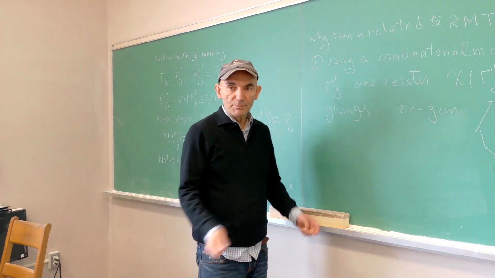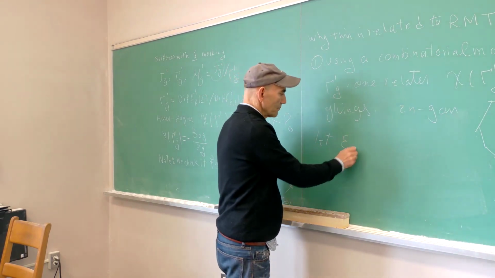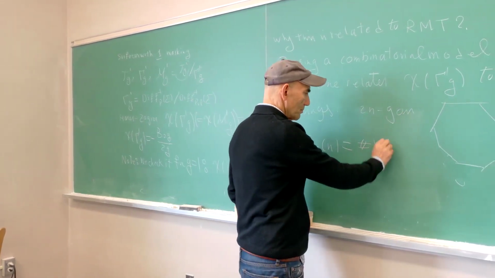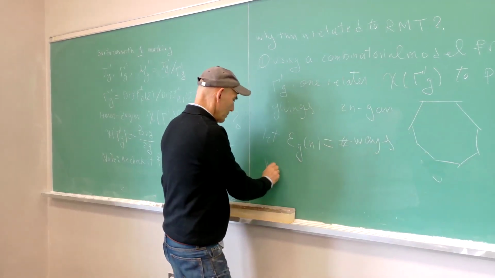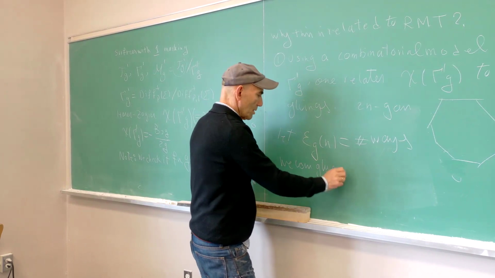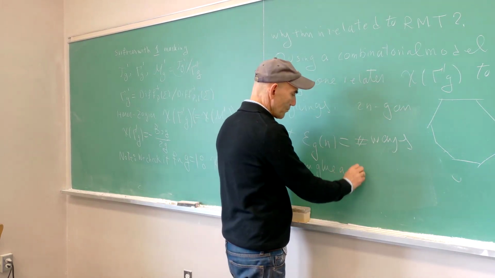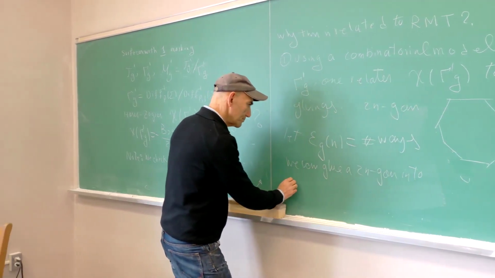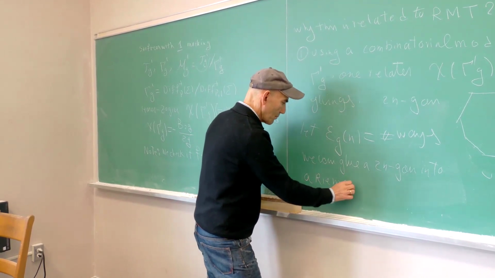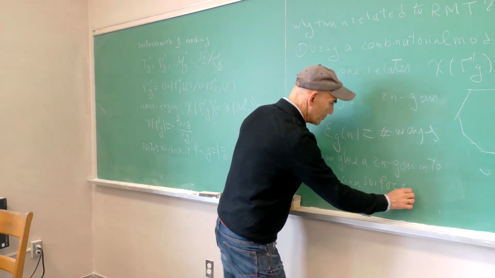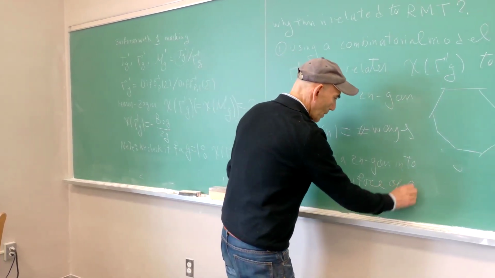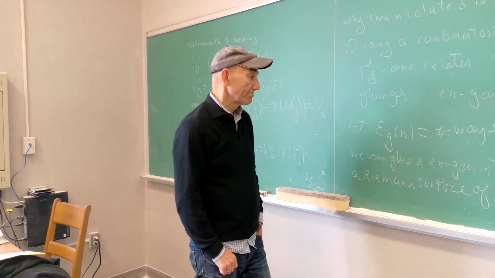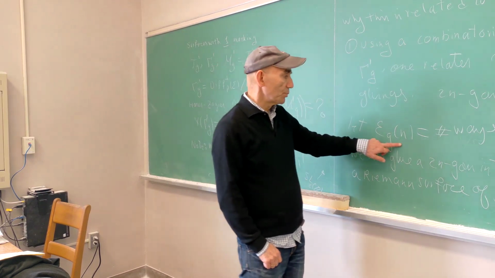So we defined epsilon g n to be equal to the number of ways you can glue a 2n-gon into a Riemann surface of genus g, right?